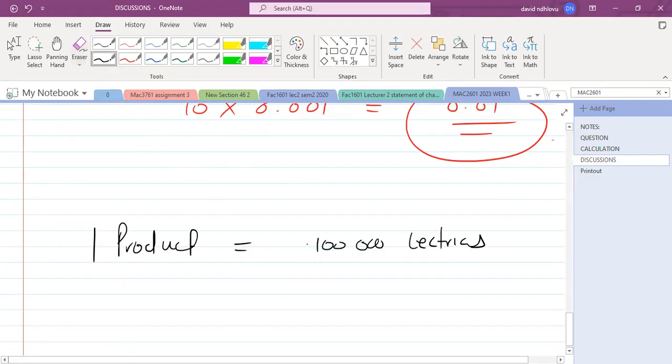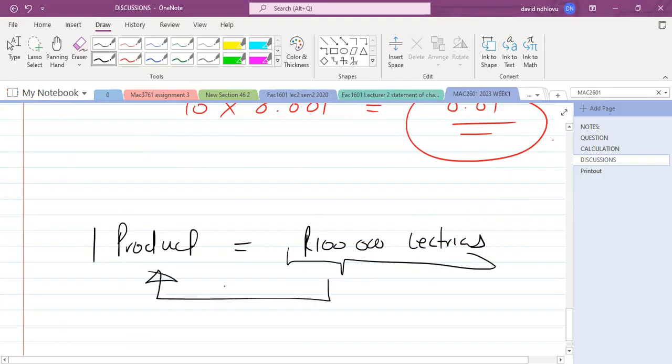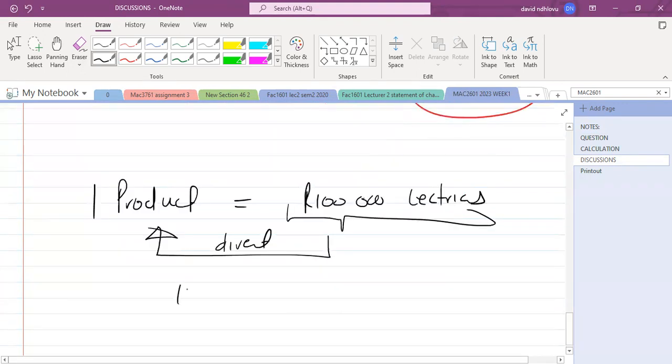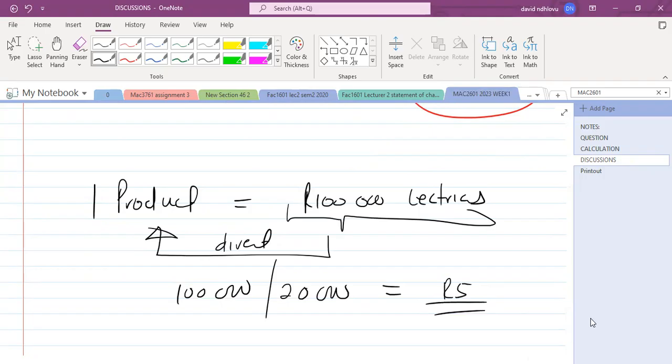Right, so this 100,000 here, this is a direct cost to this one product. If I incur a cost of 100,000 and perhaps I produced 20,000 chairs, my electricity cost per each chair, 500. Accurate cost, no argument. Right, that's a direct cost. So therefore, this will be a direct situation.